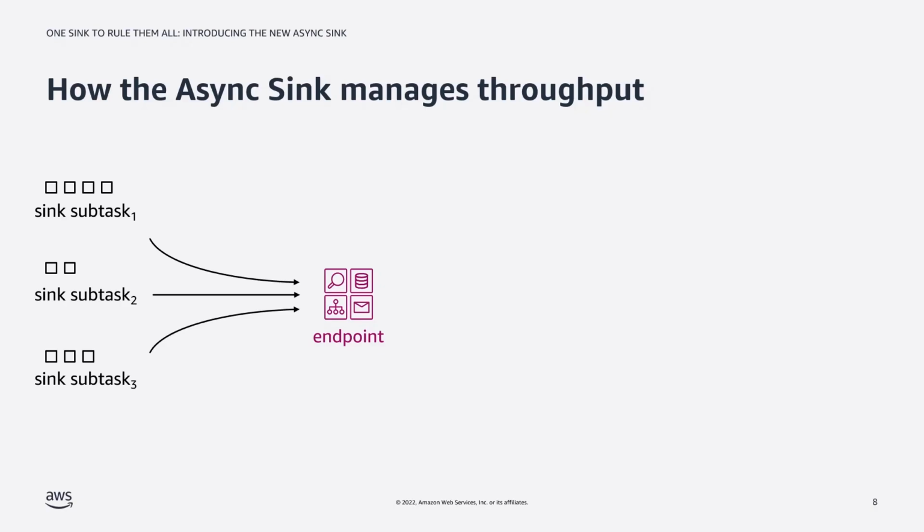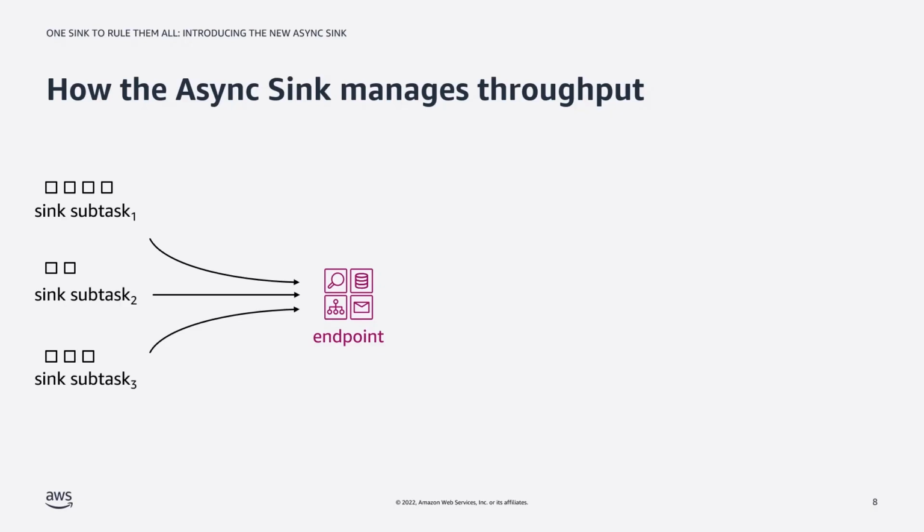But there are a couple of challenges. First of all, we don't necessarily always know what the throughput of the endpoint is, right? If you think, for instance, of a Kafka cluster, you may have a cluster with a certain number of topics, but you don't know the precise throughput for a specific topic.